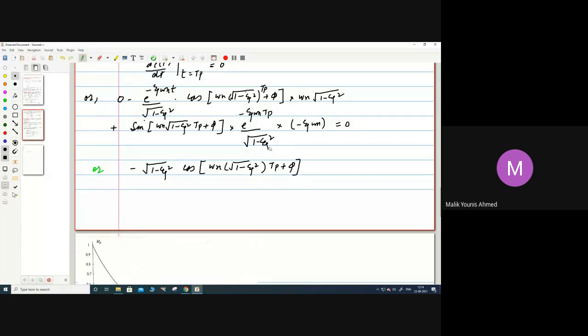So this will be leftover in the first term. In the second term we will have minus minus, which can be plus.